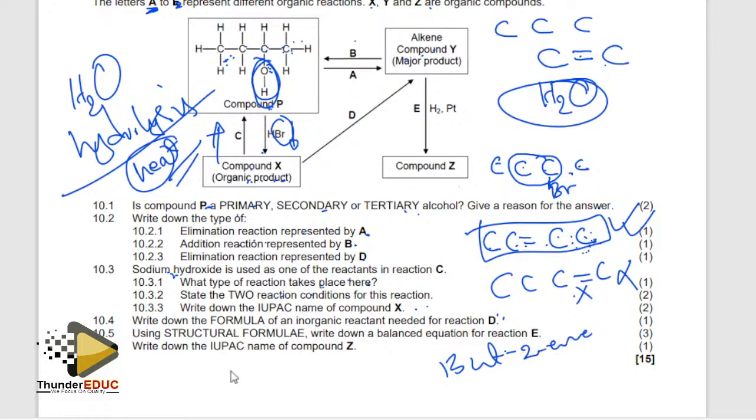Don't forget that a word and a word is a comma. A word and a figure is a dash. But-2-yne, you see, but-2-yne. If I had di-, you see, di-, if I have, say, 2-bromo, you see, 2-bromo.